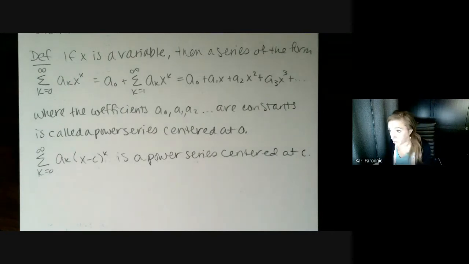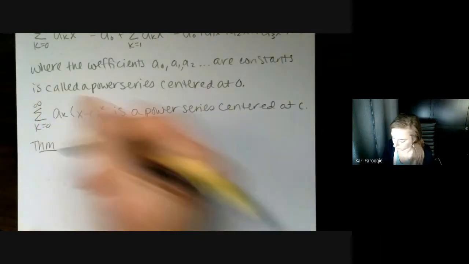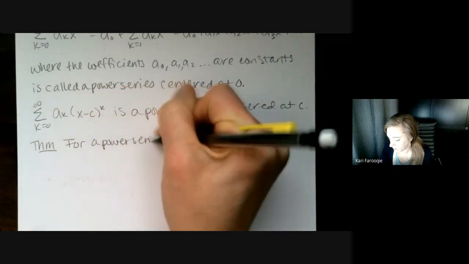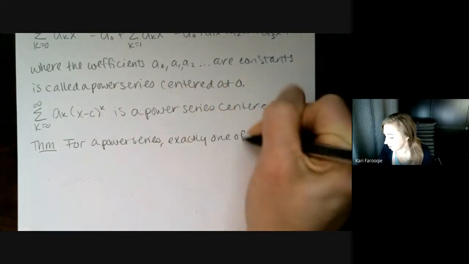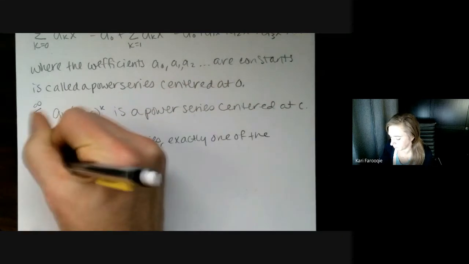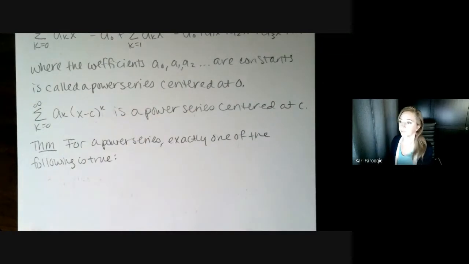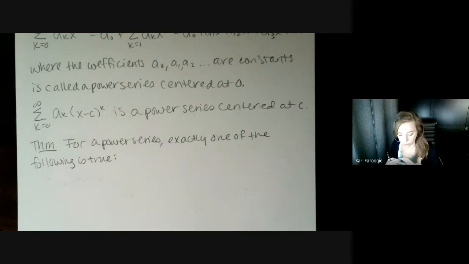Okay, and here's the theorem we're going to be working with. For a power series, exactly one of the following is true. So we're going to be looking at a situation where we're going to have 3 cases. So we're either going to have this thing happening or that thing happening or the other thing happening. But exactly one of these things is going to happen with each series that we look at today.